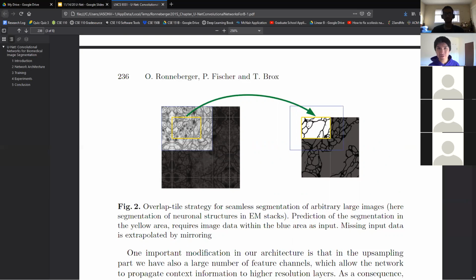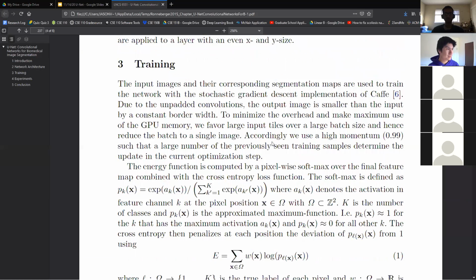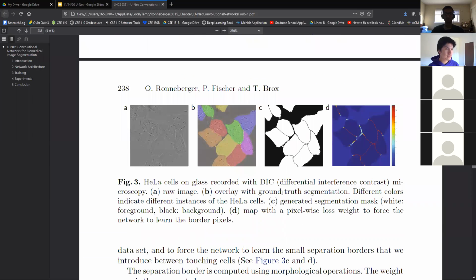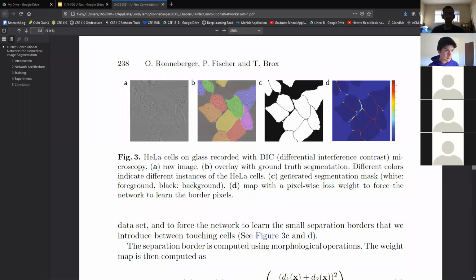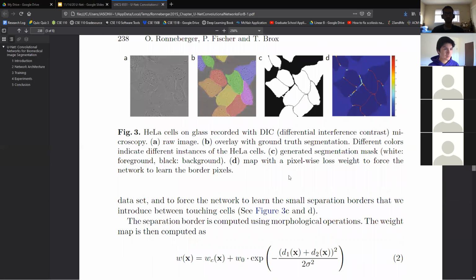All right, any other questions? What is the 3D image? Is that something they feed into the network as well, like expanding the data, or is that one of the outputs of the network? In their caption, they said map with a pixel-wise loss weight.